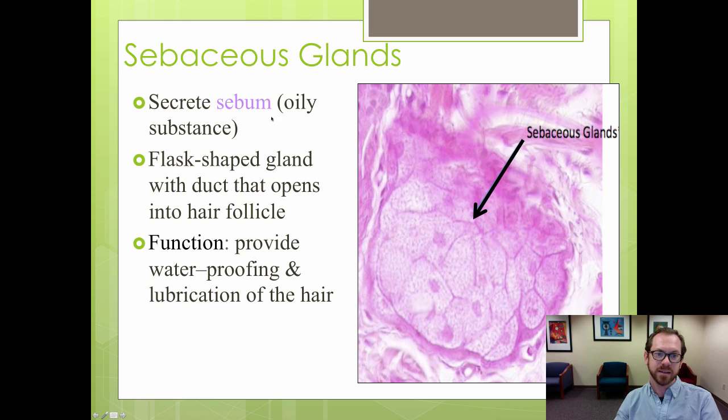That oily substance, that grease that we refer to it as, is really called sebum. And shampoos are designed to remove that oily substance from your hair, even though a certain amount of sebum is actually healthy for your hair because of these functions. It's waterproofing and it lubricates your hair.